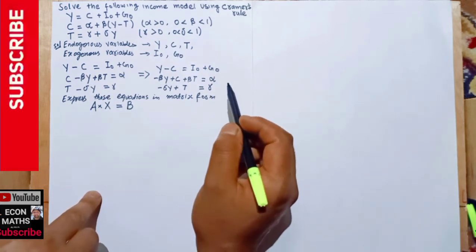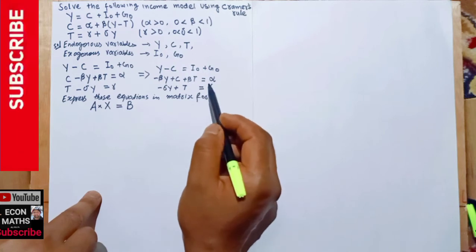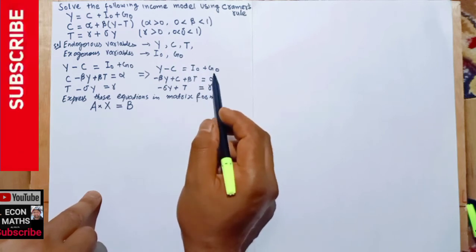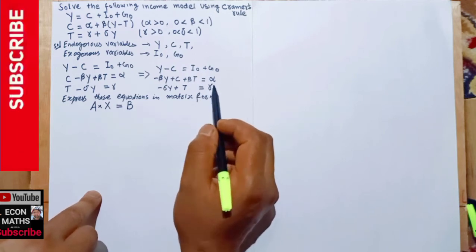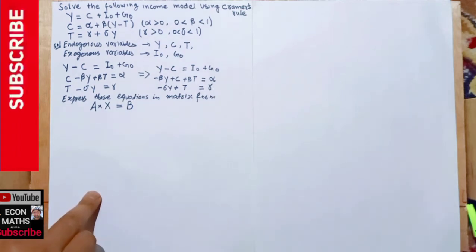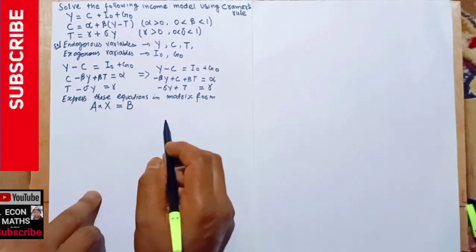Here the constant terms are those on the RHS, which are also exogenous variables. So this b will be the vector of exogenous variables.